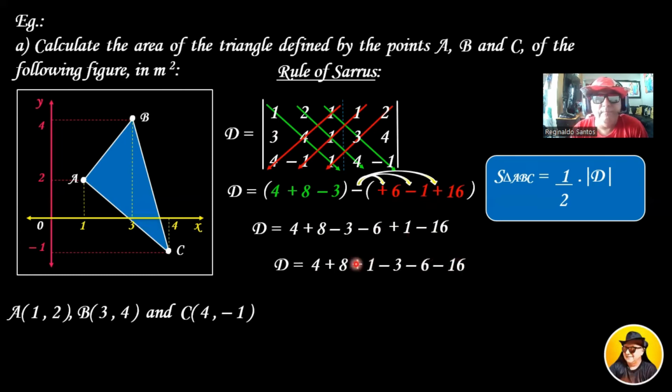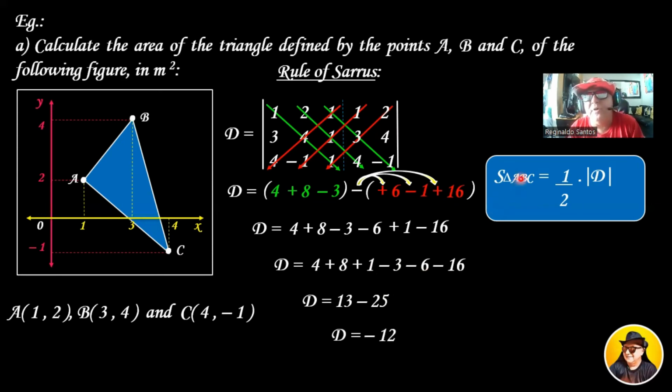Now let's operate. 4 plus 8 is 12, plus 1 is 13. So the determinant is 13 here. And -3 minus 6 minus 16 is -25. Now let's operate. 13 minus 25 is -12. So the determinant is -12.